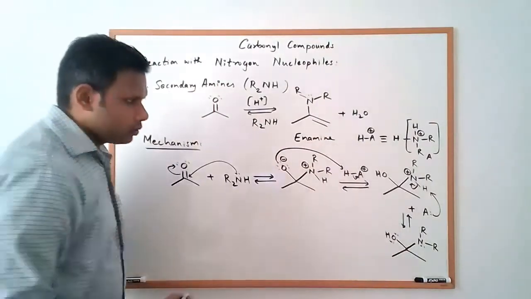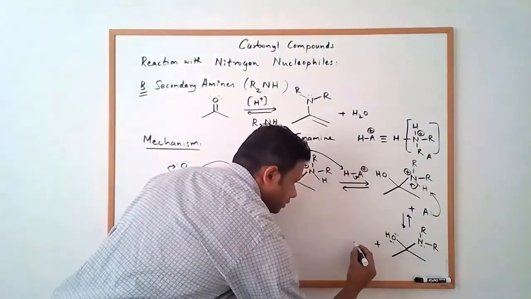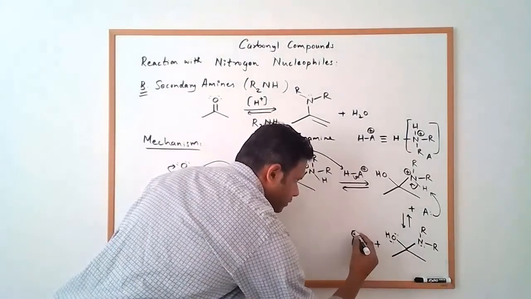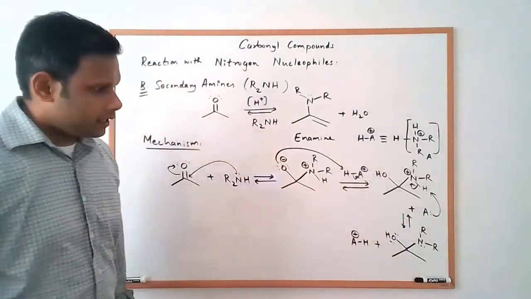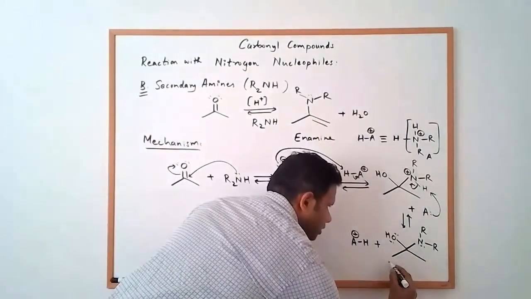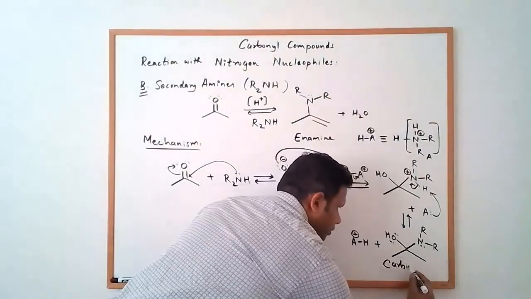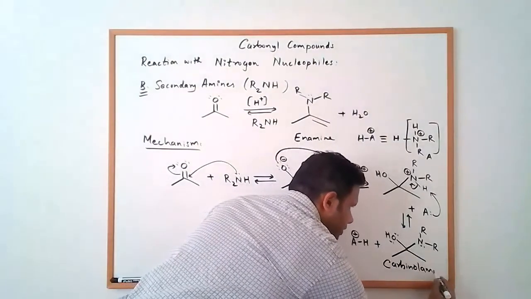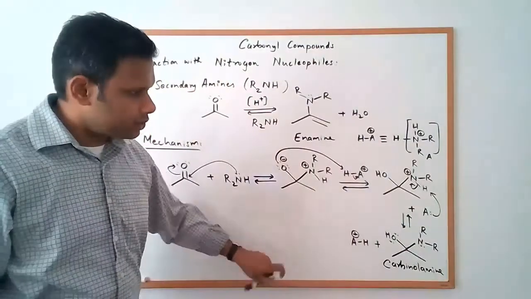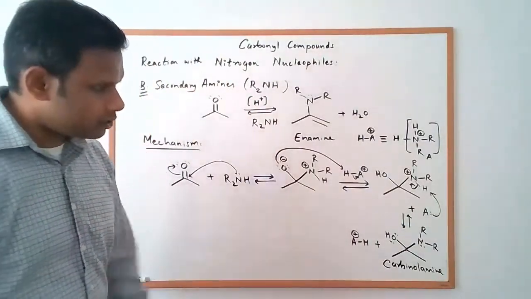With a lone pair and a lone pair, and plus we will have HA plus again. So we get to what is the equivalent of our carbinolamine, or is actually the carbinolamine under these conditions using a secondary amine. So we get to that intermediate.